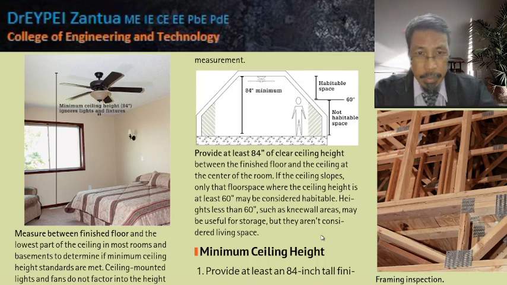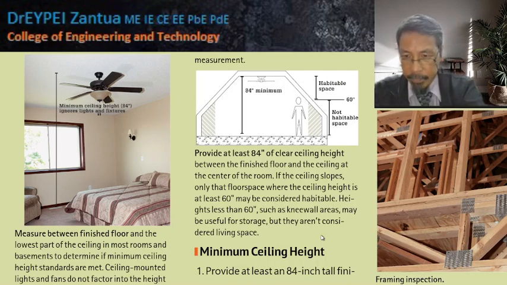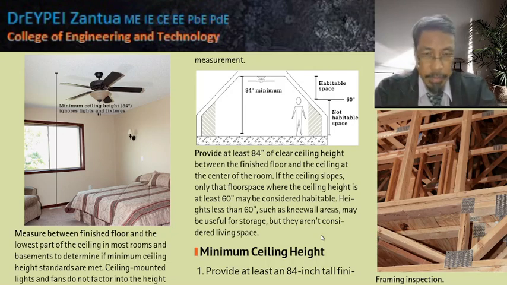Okay, so that is how we are going to measure the habitable space and not habitable space. So the habitable space is only those spaces with a minimum of 60 inches, or what is 60 inches? 1.5 meters height.